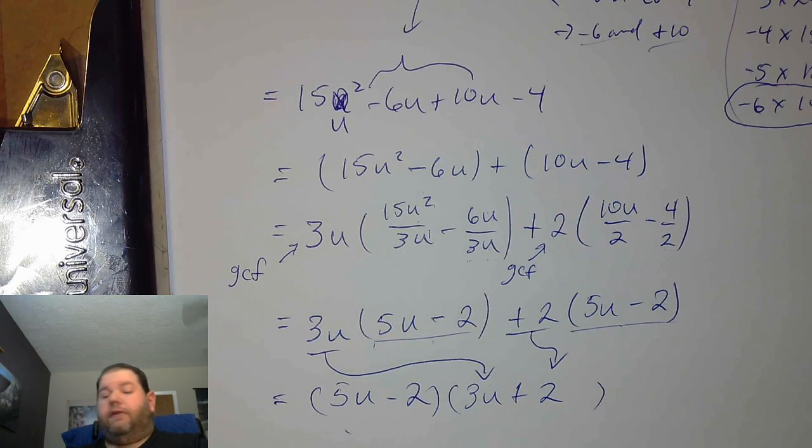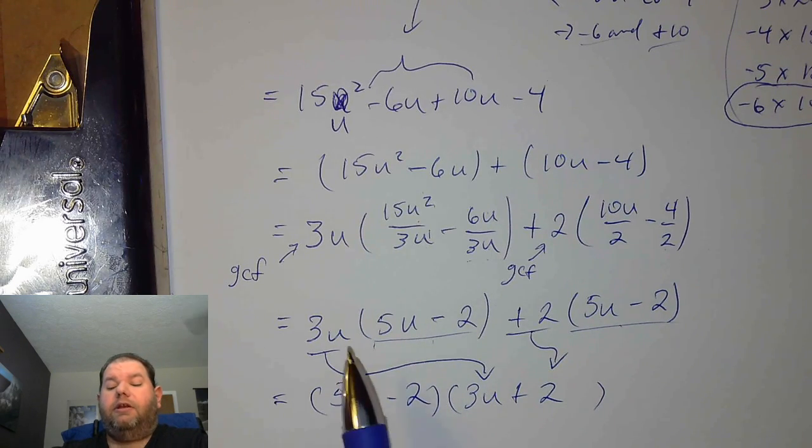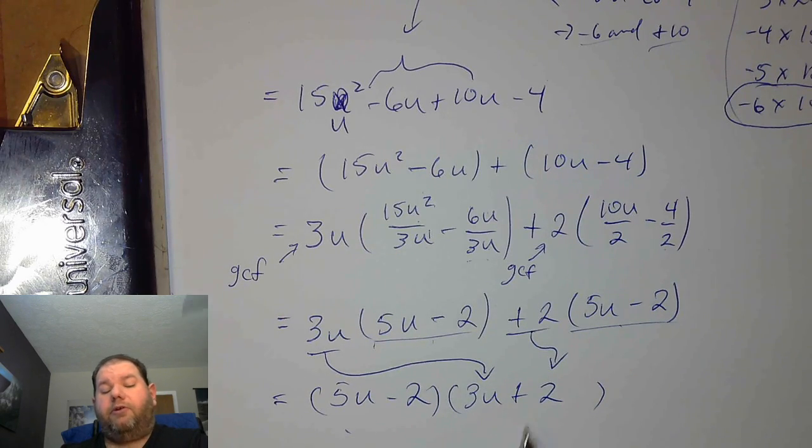Now, this is a common occurrence here. What happens is that this common term in the parentheses is one of our factors, and then the GCFs that we factored out, we put those together and make that our other factor. That might be a better way of explaining it than what I had said previously. Realistically, it's the greatest common factors that are being put together right here that we had previously factored out.